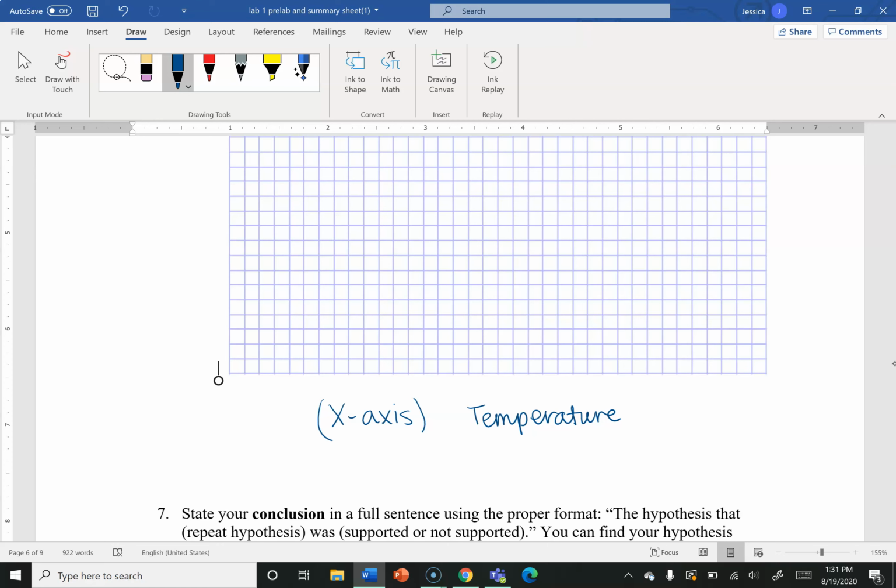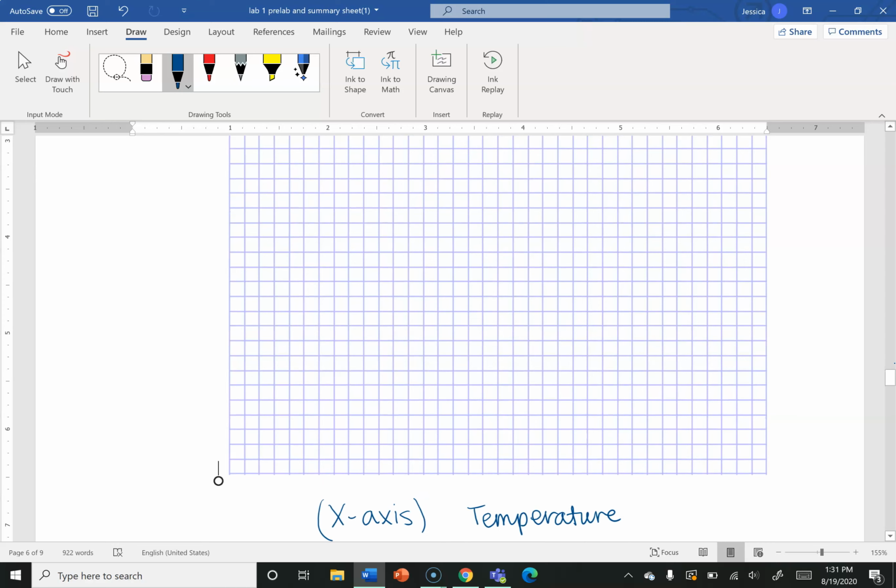And so I'm going to pause here and label everything. Before I do that, I'll label the y-axis at the same time. On our y-axis, we're going to label our dependent variable. In this case, our dependent variable was the number of opercular movements per minute.